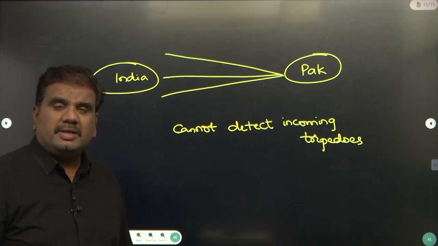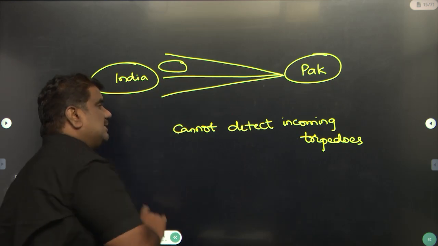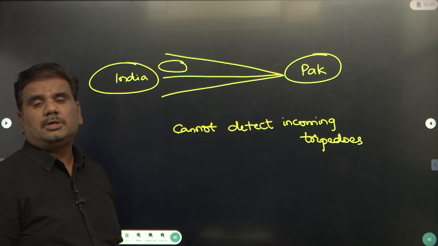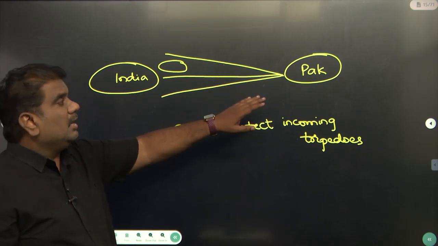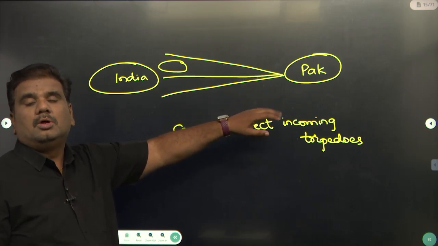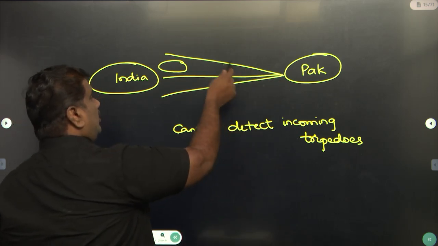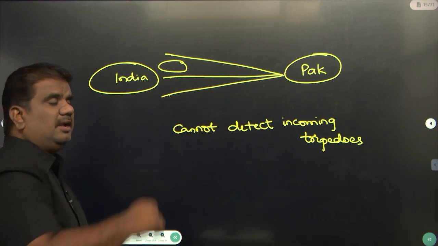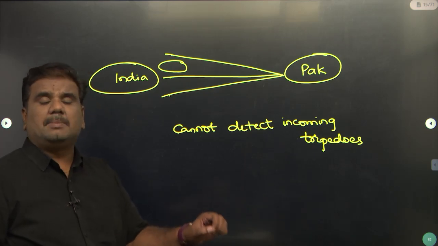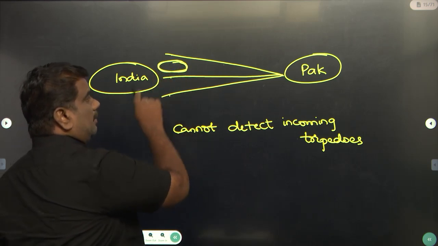Even in this particular case, the Indian submarine escapes by placing the submarine at this particular point.